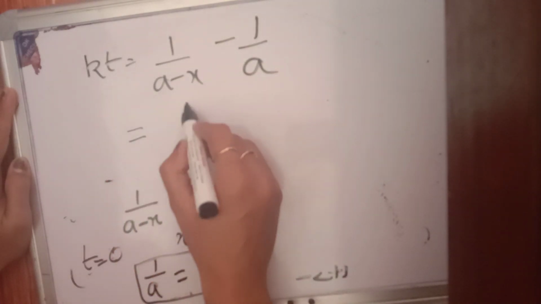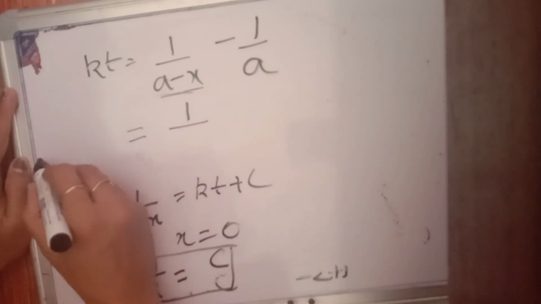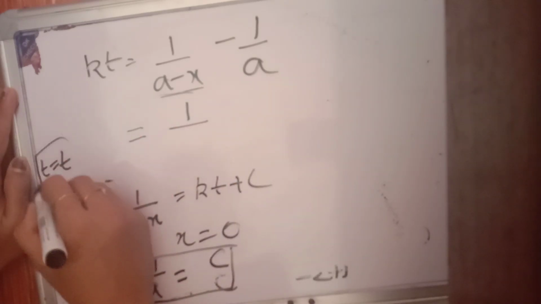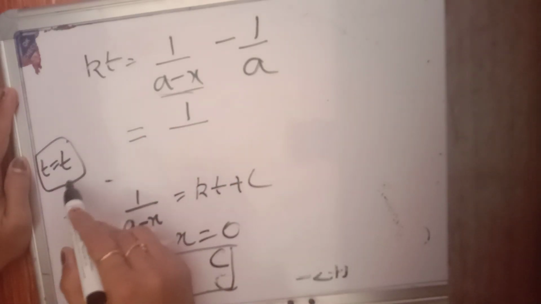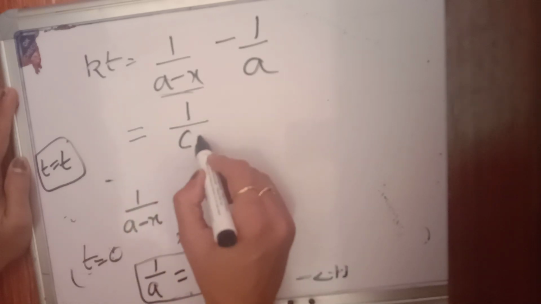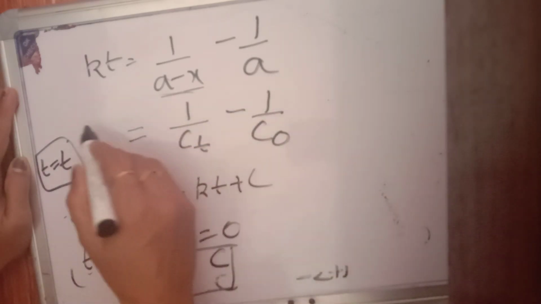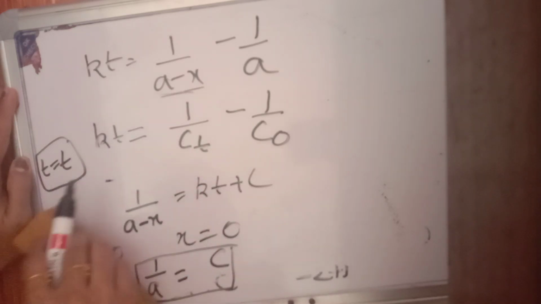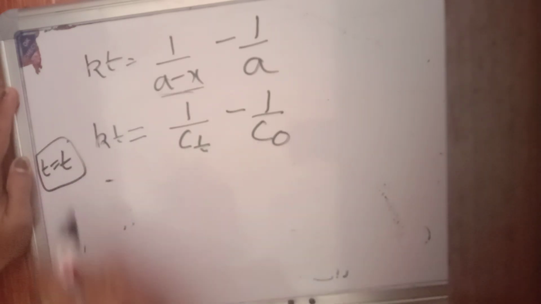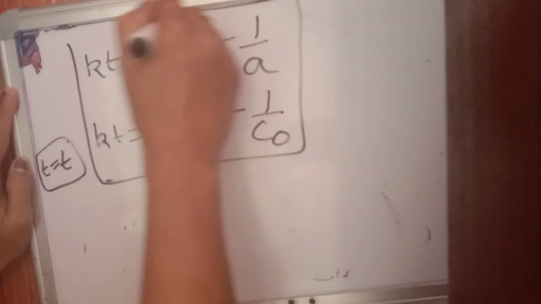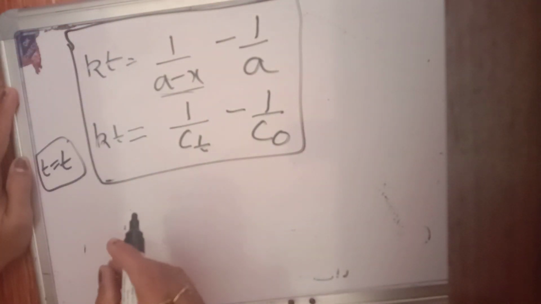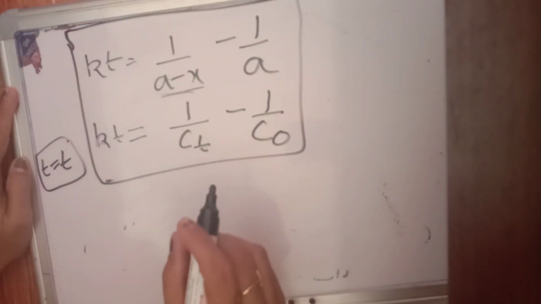Or I can write it, since a minus x was the concentration at time t, as 1 upon Ct minus 1 upon C naught, where a is my initial concentration.